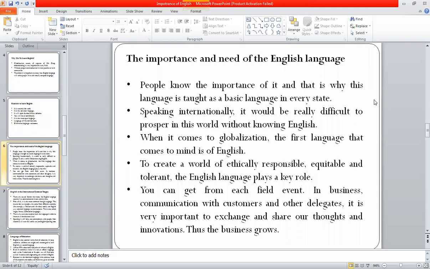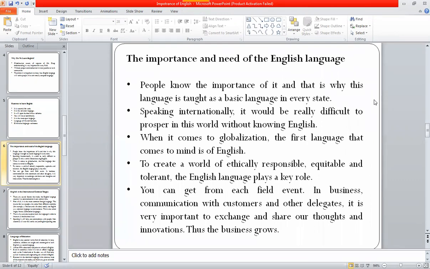And that is why there is a need to learn this subject in depth. People know the importance of it, and that is why this language is taught as a basic language in each and every state.